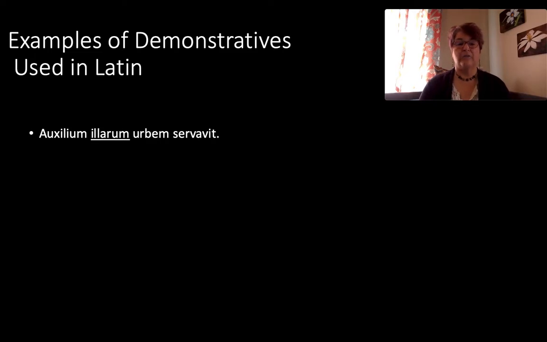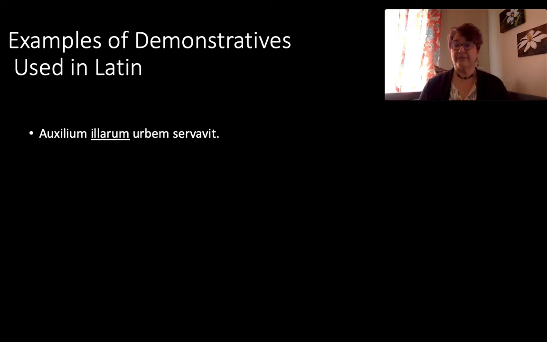Auxilium illarum urbem servavit. If I look at the specific form of the demonstrative illarum, I see that it is in the genitive plural and that no other nouns in this sentence are in the genitive plural. This is how I know that this particular demonstrative is being used like a pronoun.